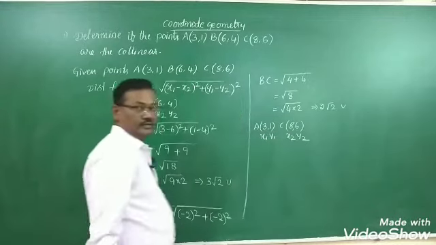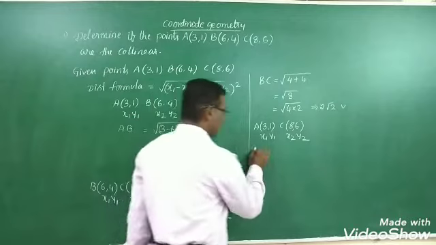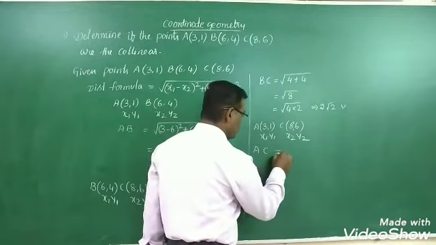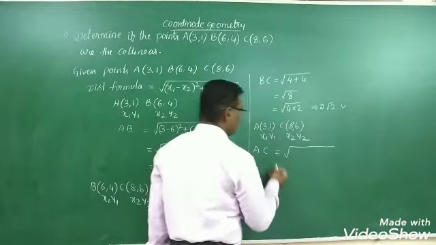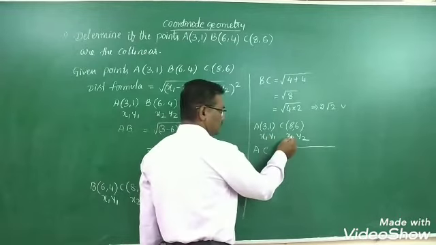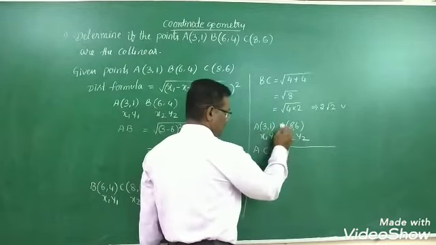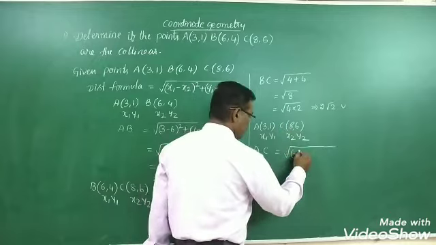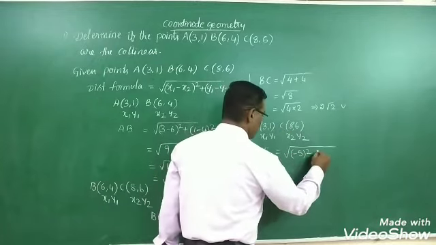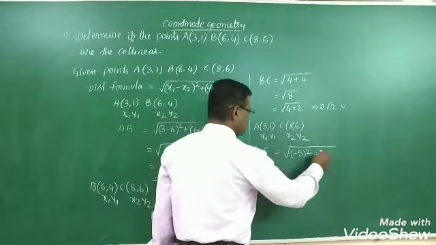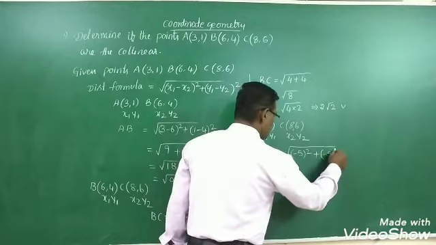Now we have to find out AC, equal to square root of again x1 minus x2, 3 minus 8 is minus 5 whole square, plus 1 minus 6, minus 5 whole square.